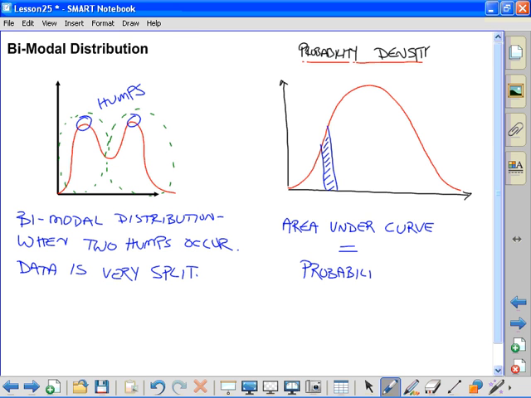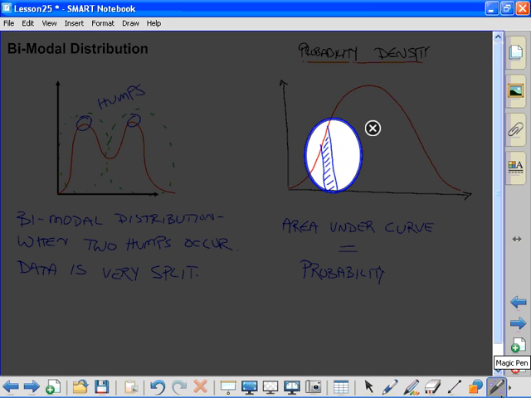And that's the trick here. When we're talking about the questions in the upcoming or final few lessons here, we're going to be looking for area under curve. And with a continuous distribution like we have here, that area under the curve is equal to our probability. So we're finding area under the curve.